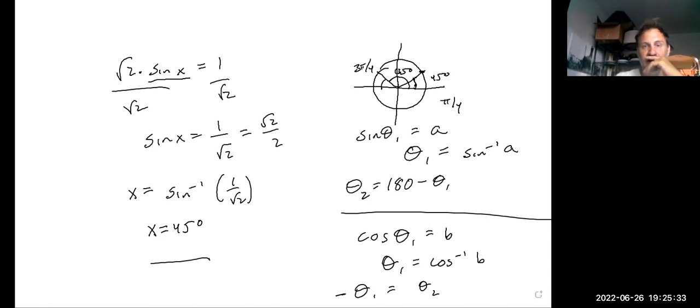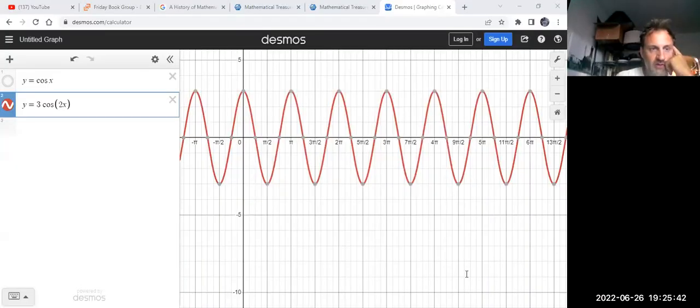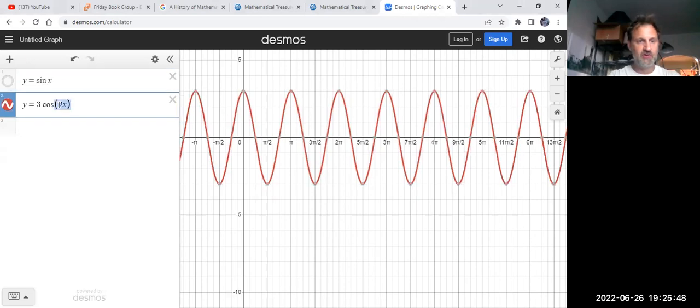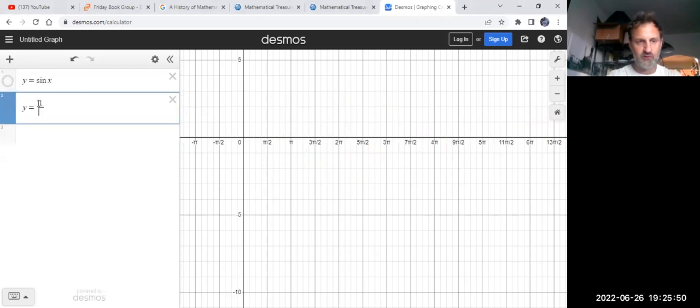Because keep in mind that if we think about this from a functional standpoint, let's go over to Desmos real quick. So let's say we're looking at y equals sine x, and we want to know where that equals 1 over the square root of 2.